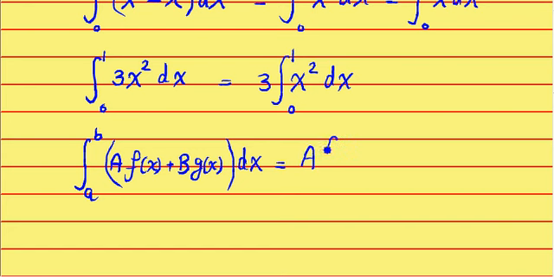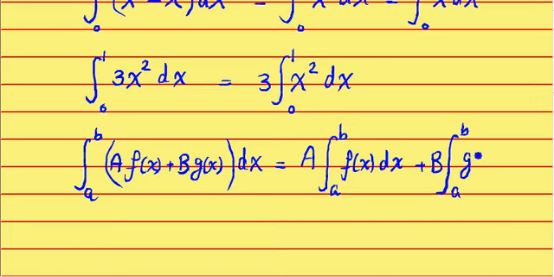First of all, pull the constants outside. Second, perform individual integrations separately. So this is called the general linearity rule.